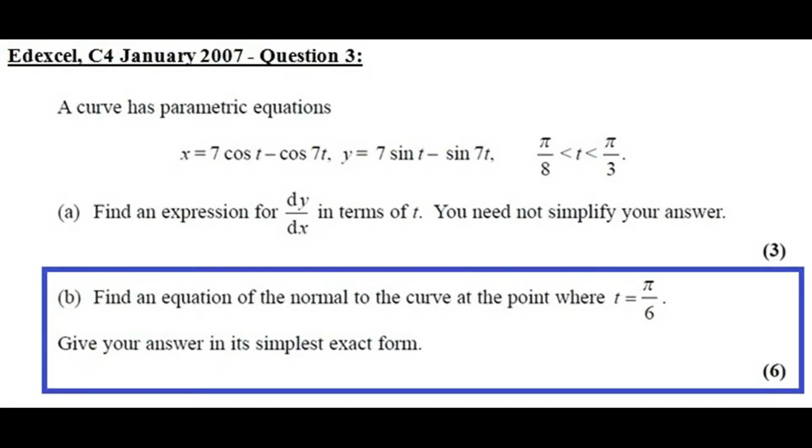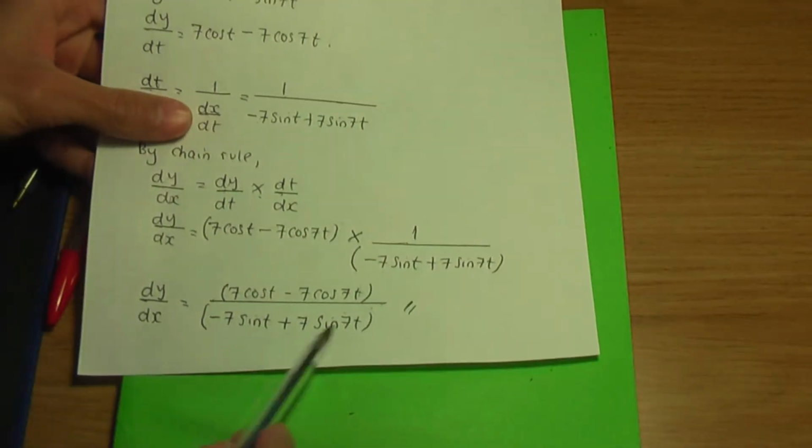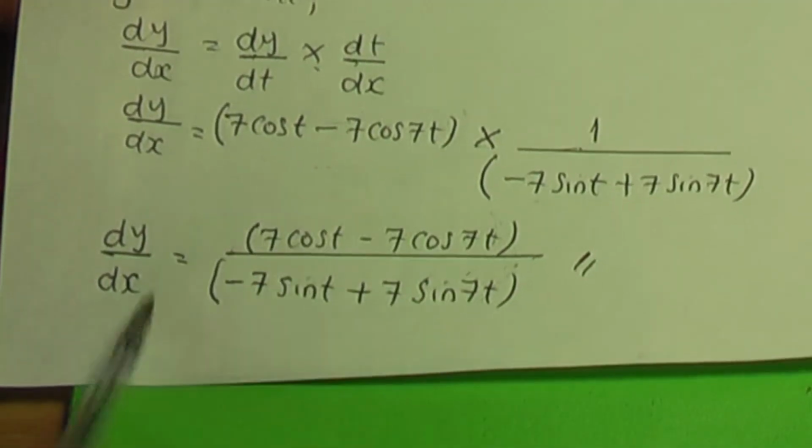Part B is we need to find the equation of the normal to the curve at the point where t is equal to pi over 6, and we need to give our answer in its simplest exact form. So let's think about what we need. To work out the equation of the normal, we have the solution for dy over dx. Here's our solution for dy over dx.